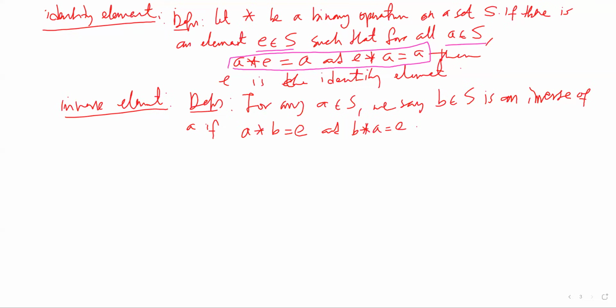So if you take two elements A and B in S, then we say that B is an inverse of A if A operates on B and gives us an identity, where E is the identity element.